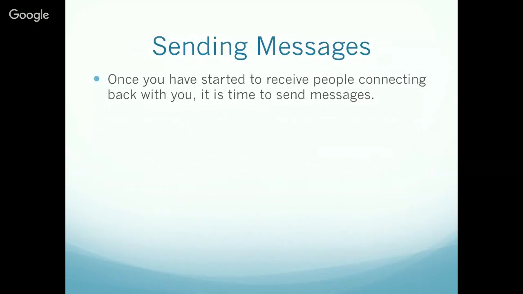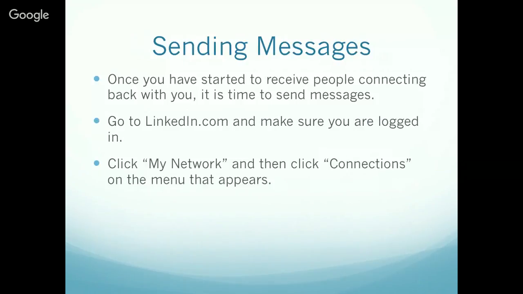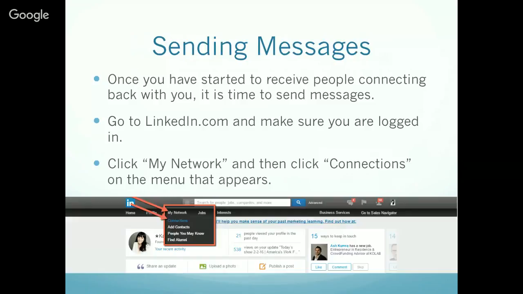So now that you've sent the connection requests, you're going to want to send out messages to your new connections. Go to linkedin.com and make sure that you're logged in. Click on My Network and then click Connections on the menu that appears.